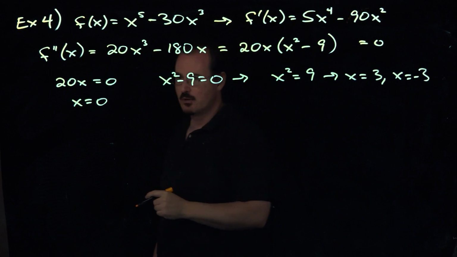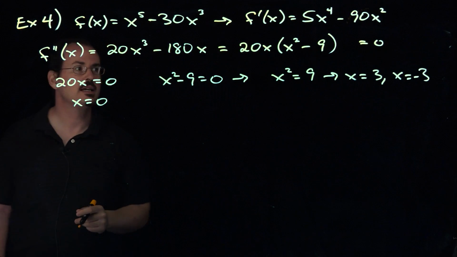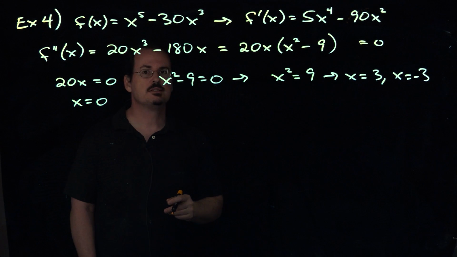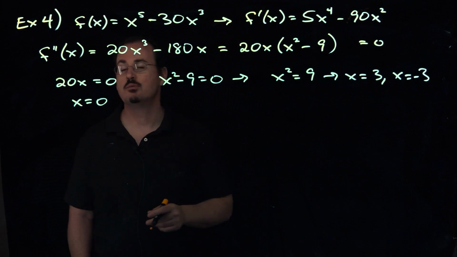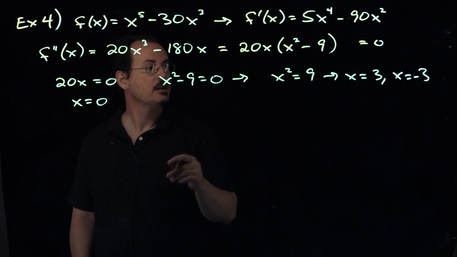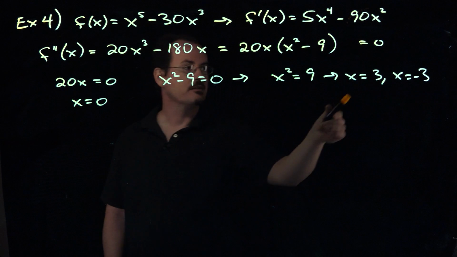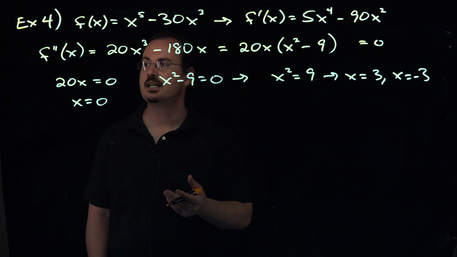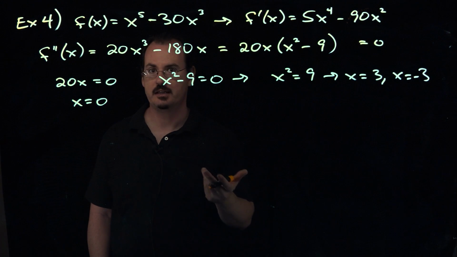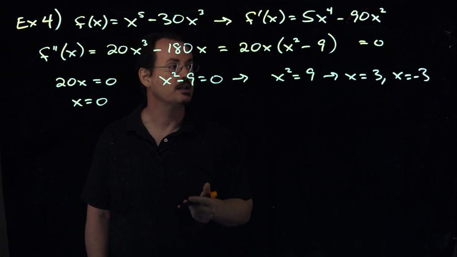Okay, so now what we should notice here is that these are not critical numbers, but they act like critical numbers did when we were talking about the first derivative. These are places where the second derivative is 0, and hence they are also places where the second derivative might change sign from one side of this number to the other.